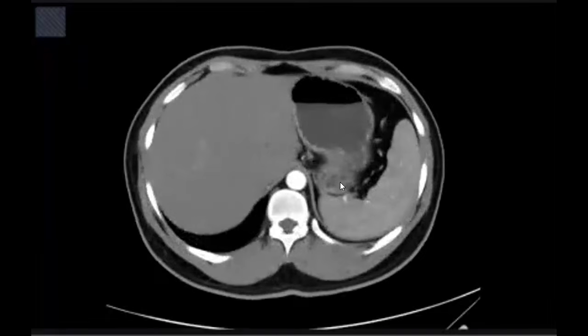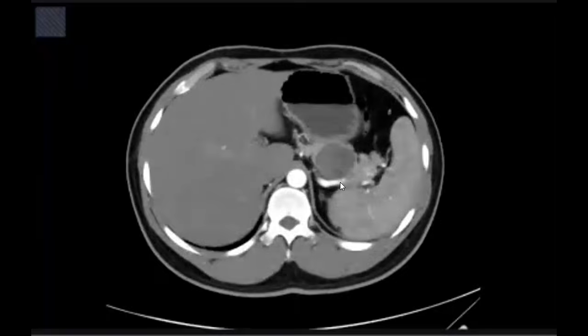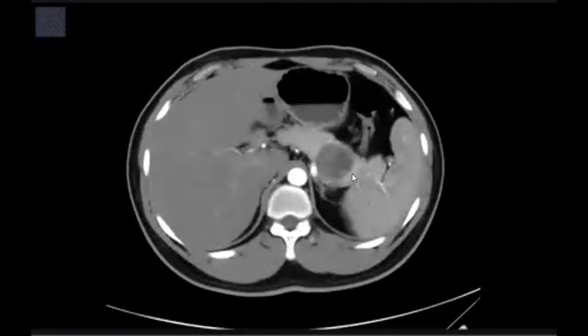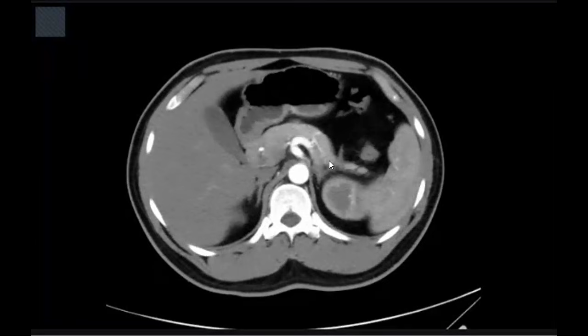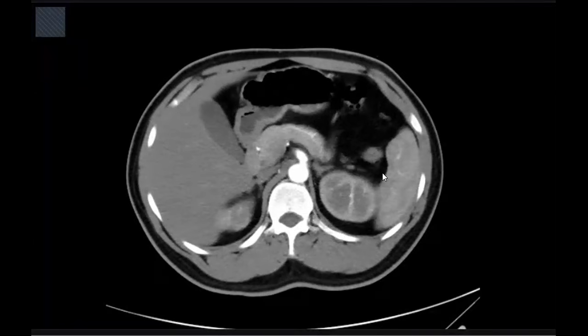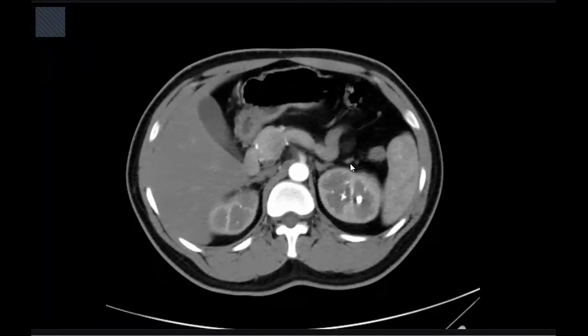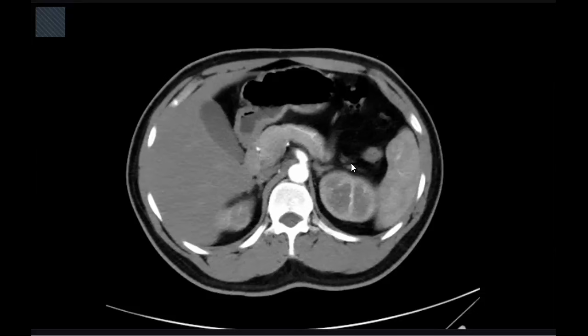The rest of the pancreas appears to show normal parenchymal enhancement and no evidence of any peripancreatic fat stranding, as I mentioned earlier. I would also like to look at the venous phase images for further characterization of this disease process.